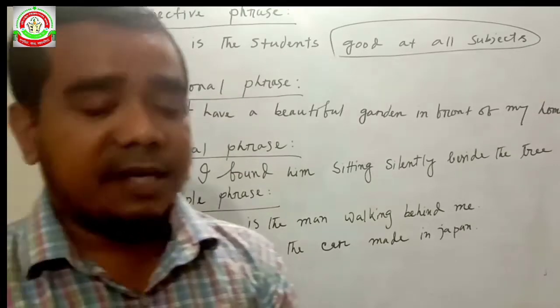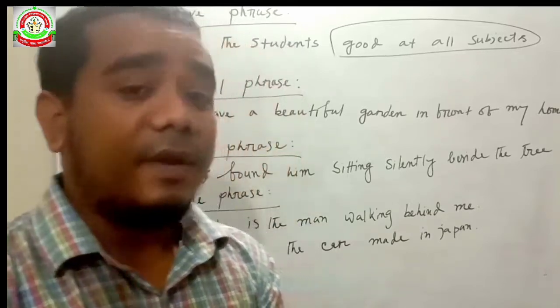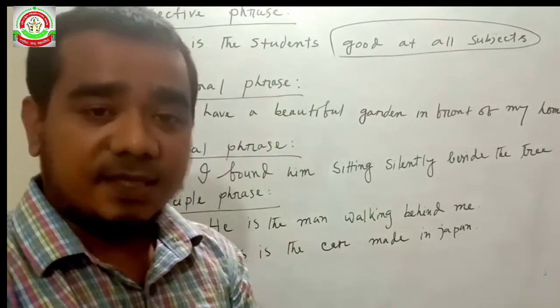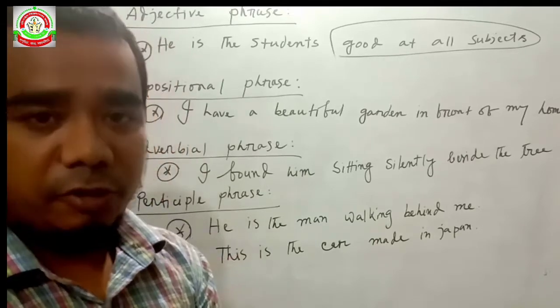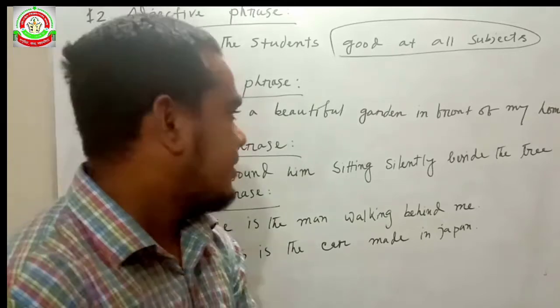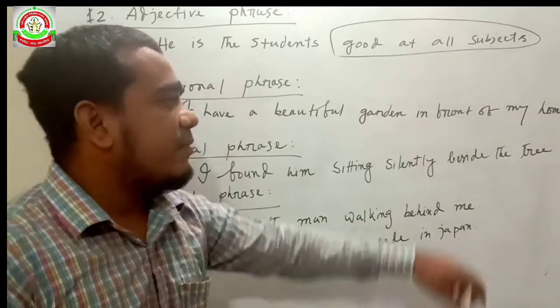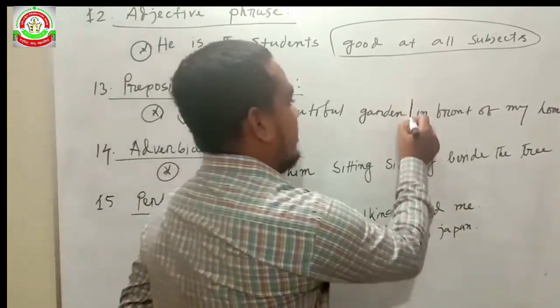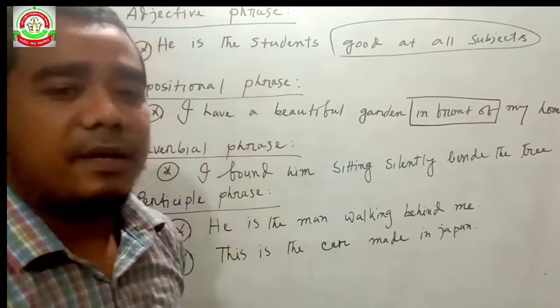In the same way, the prepositional phrase. If I draw the definition of this phrase, when a combination of words plays the role of a preposition in a sentence, then it is called a prepositional phrase. Look at the sentence. I have a beautiful garden in front of my home.